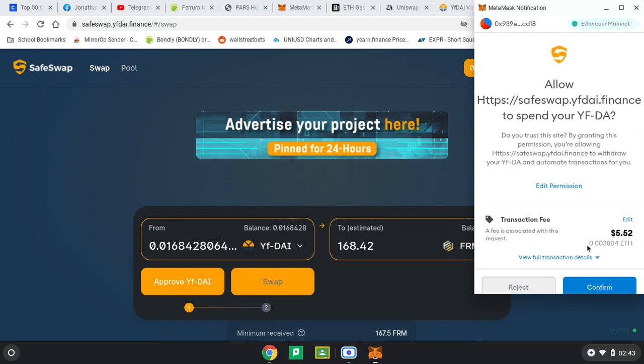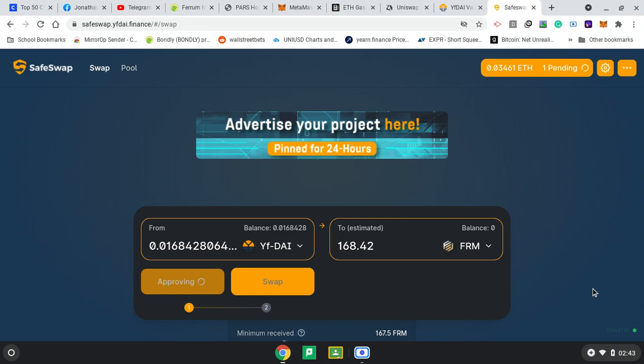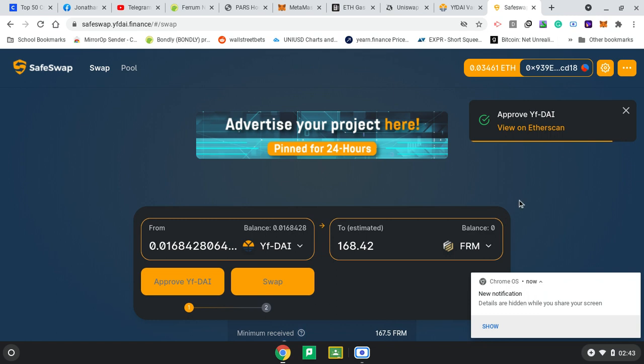So fees associated, this is still using Ethereum. So confirm. It's pending. And yesterday I was trying to do this actually, and okay, that's gone through. So I think now can I press swap?